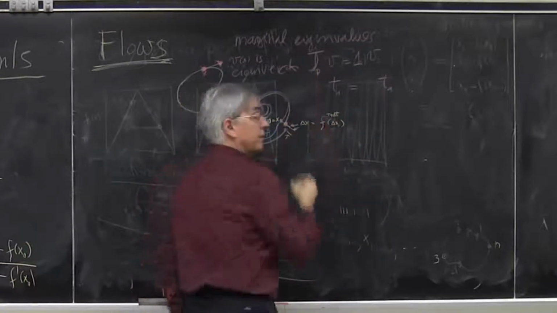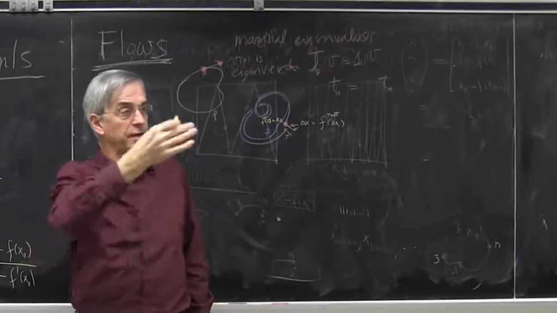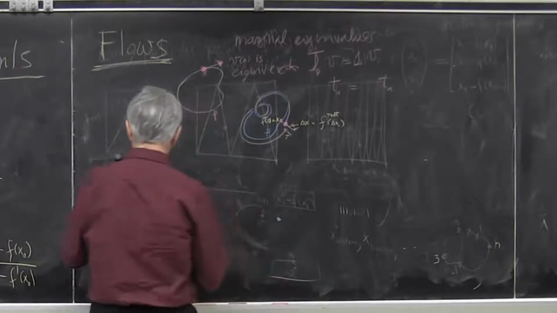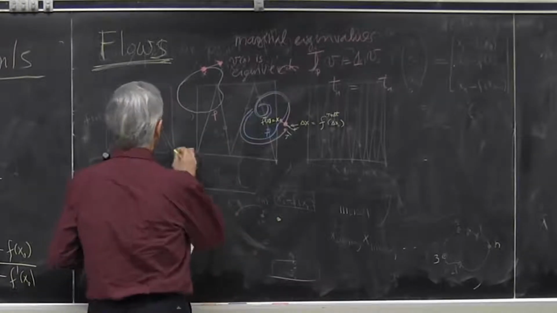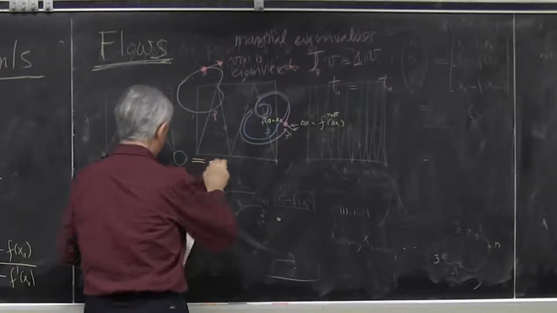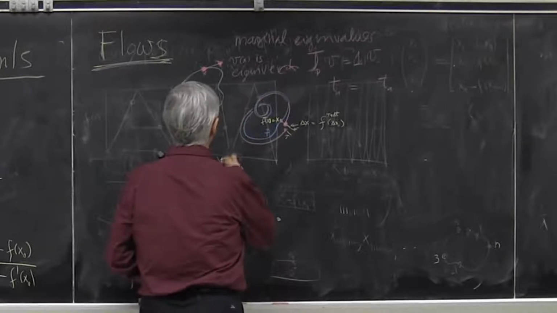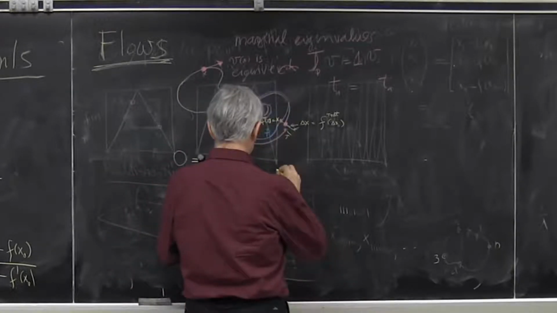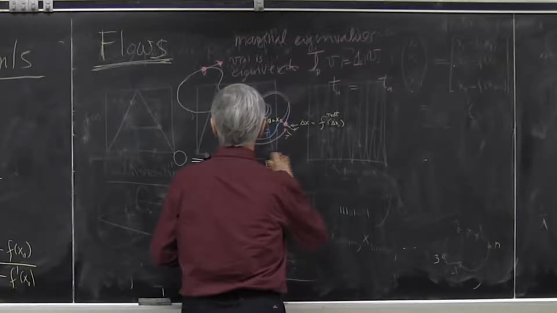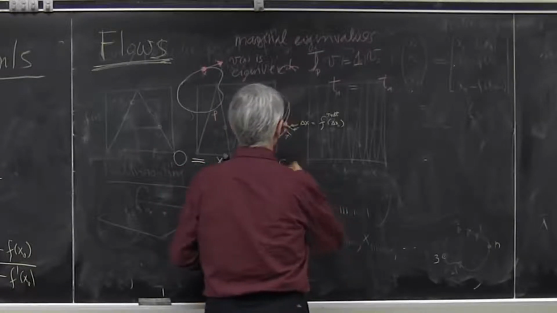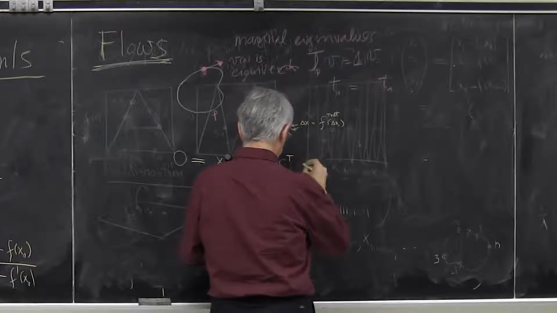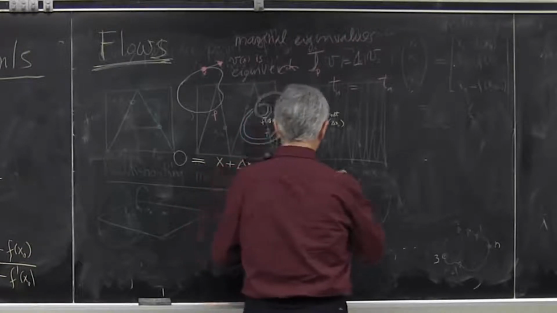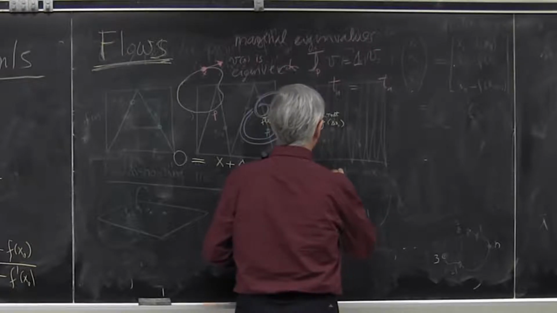Otherwise I might have shot by, or I haven't quite reached the point, etc. So now I have my usual condition that says 0 is x plus f t plus dt of x plus delta x.